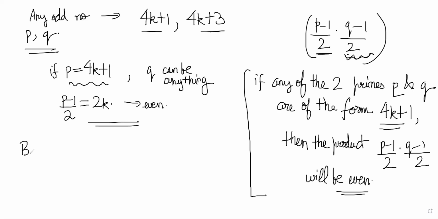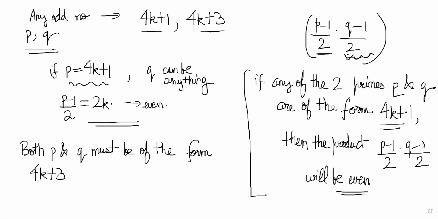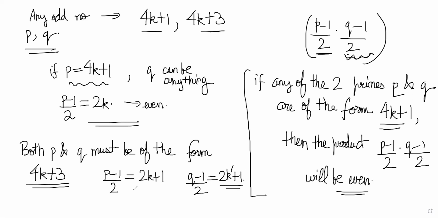That means both P and Q must be of the form 4k plus 3. If both are of the form 4k plus 3, then you will realize that (P minus 1) by 2 is equal to 2k plus 1 and (Q minus 1) by 2 is also some 2k' plus 1. So they are both odd numbers now, and now the product is odd, right?